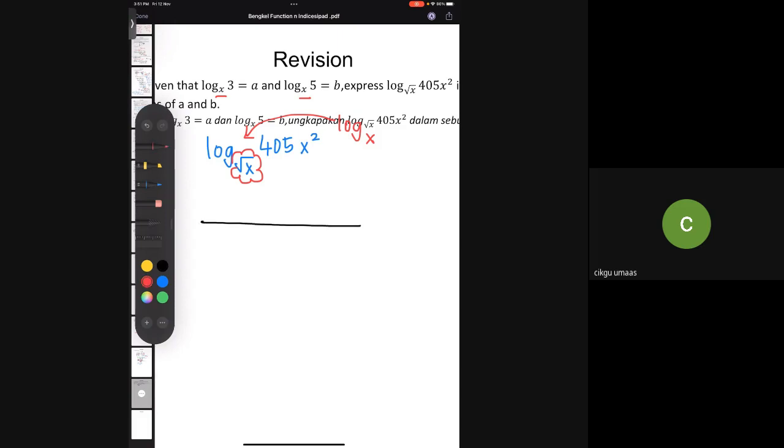So when I change it to the base of X, it becomes log X. On top will be 405 X squared. But the bottom now will be square root X.